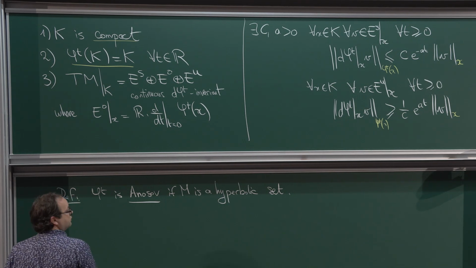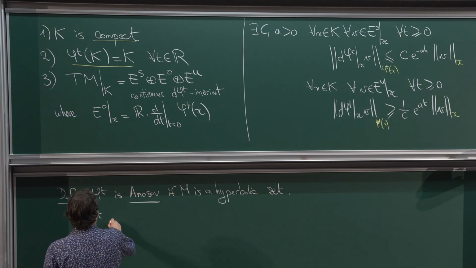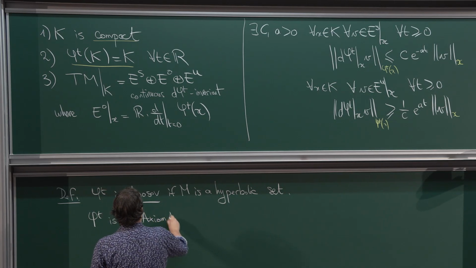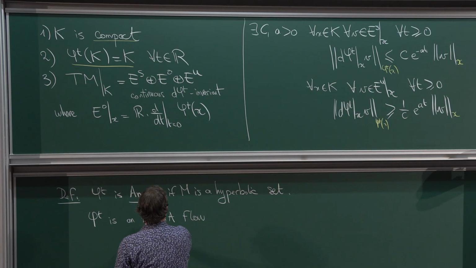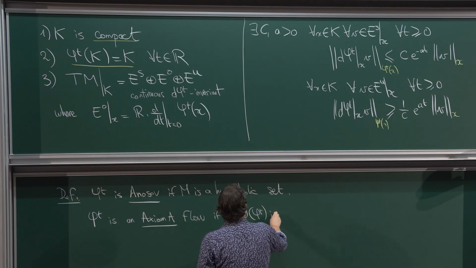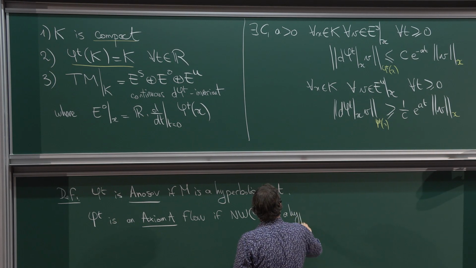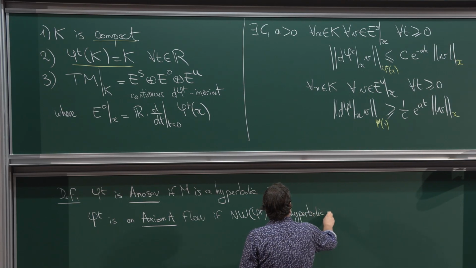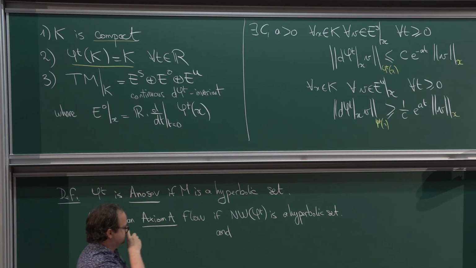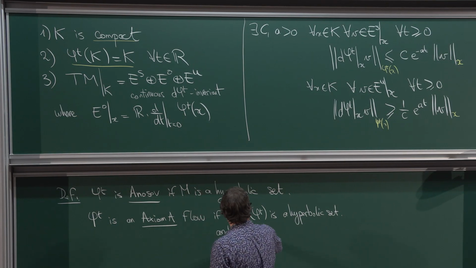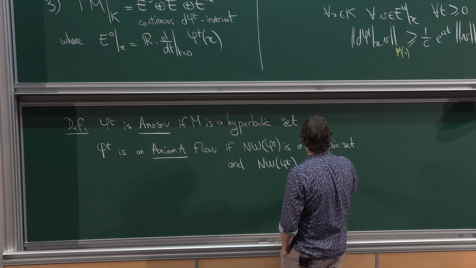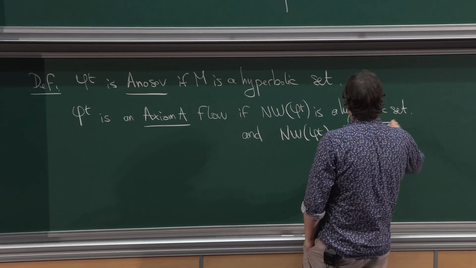And so the definition here is what we call an axiom A flow. So phi t will be called an axiom A flow if the non-wandering set is a hyperbolic set, and there's a second condition, which is essentially saying that the dynamics are only somehow happening because of periodic orbits, which is that this non-wandering set should also be the closure of periodic points.